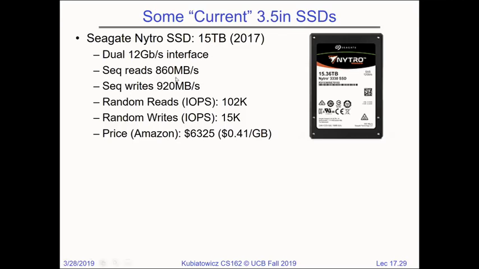The random reads and writes, number of operations per second, are lower, but there's still not any seeking time involved. However, that 14 terabyte drive I showed you before was $600. This 15 terabyte drive is $6,000, right? So there's a little bit of difference in cost.